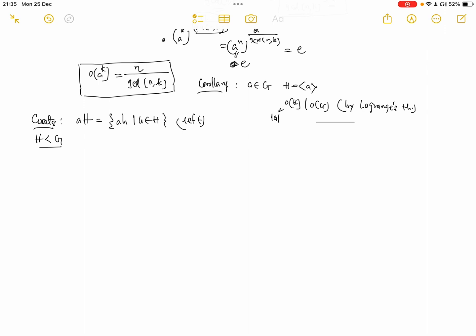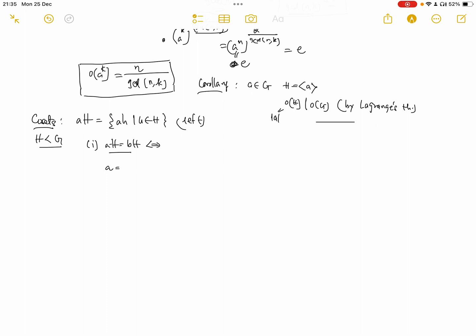So one thing, this is clear, right? Whenever you have two cosets and they are the same, this will happen if and only if you get that. So let's see when this happens. Suppose this is true.